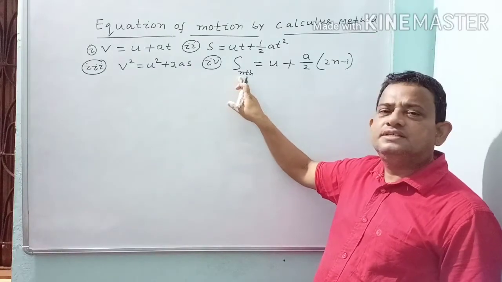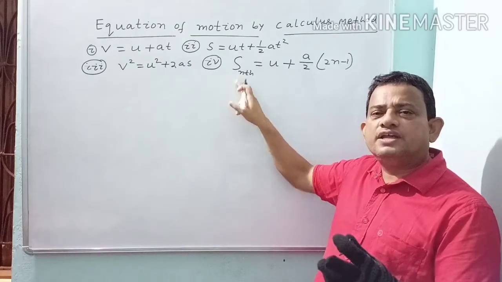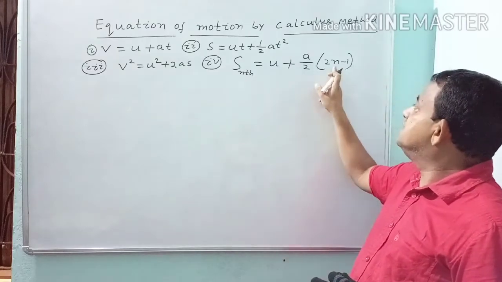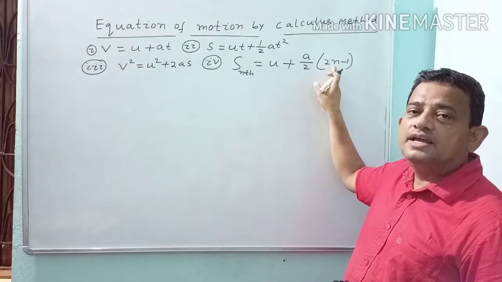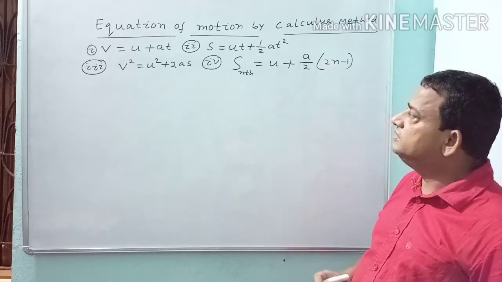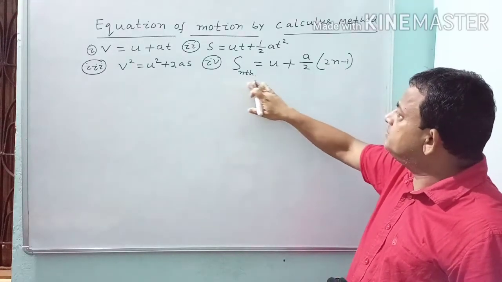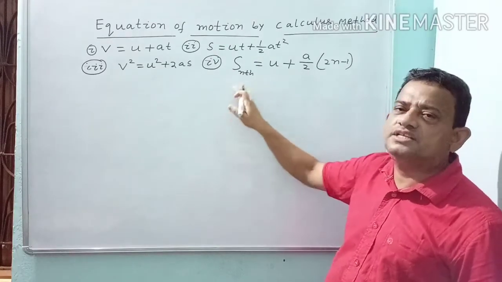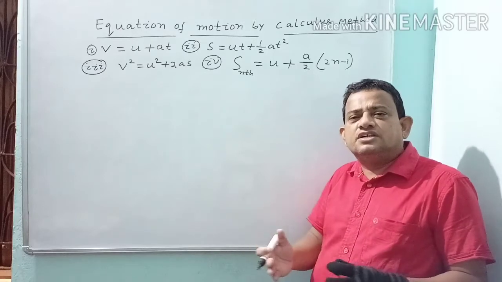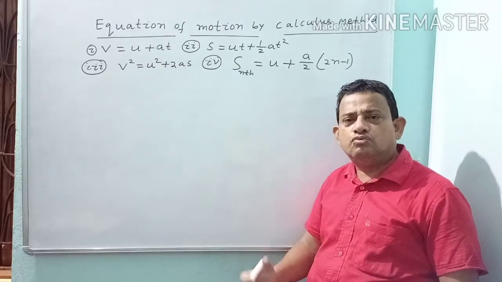S nth means distance covered in nth second. N is the nth second, or it is used for time. So what is the meaning of this equation? Particularly, this expression is new for you.